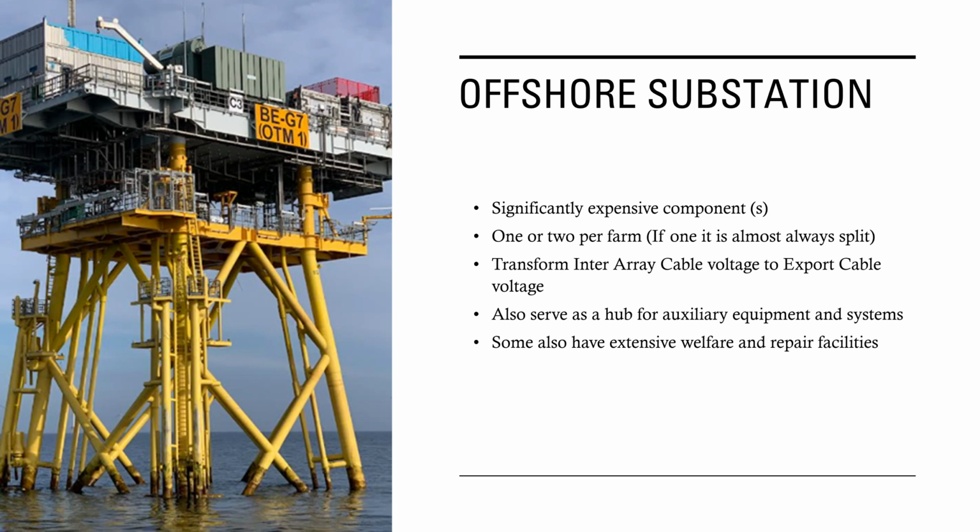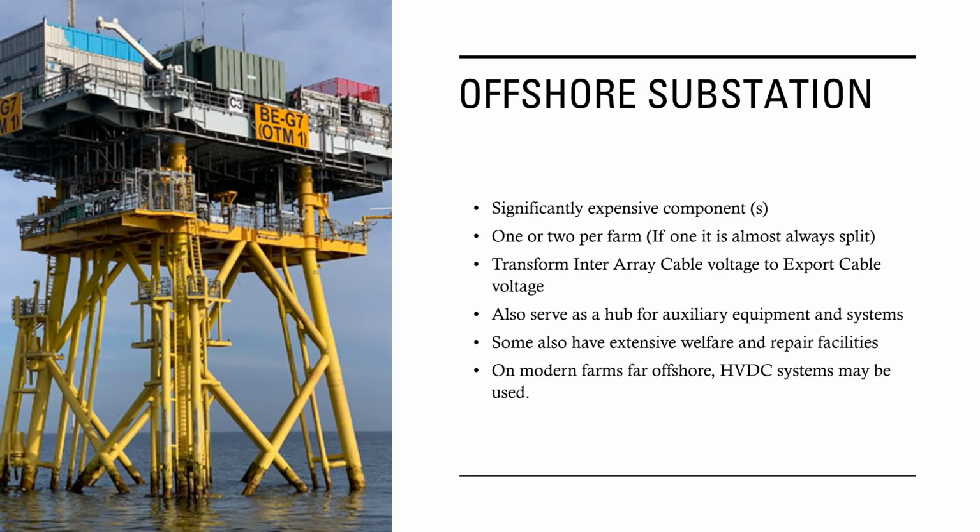Some, especially the big ones far offshore, will also have fairly extensive welfare and repair facilities, so they're actually designed so that people can go on them and stay there for a day or 2 in some instances, and all of them have a refuge in case somebody goes on and can't get off, but that's the same with the wind turbines as well.